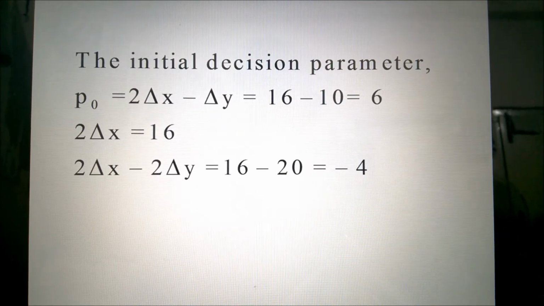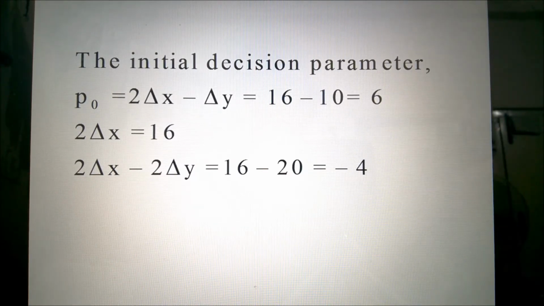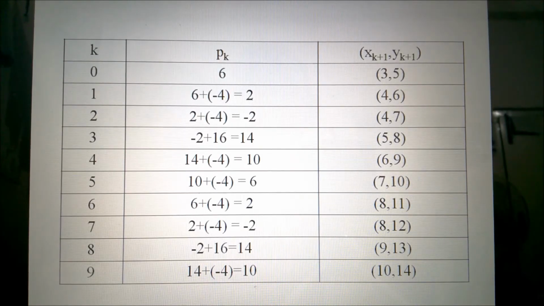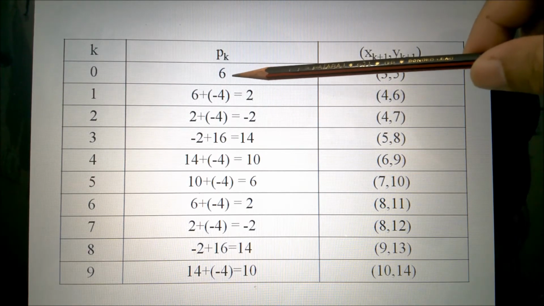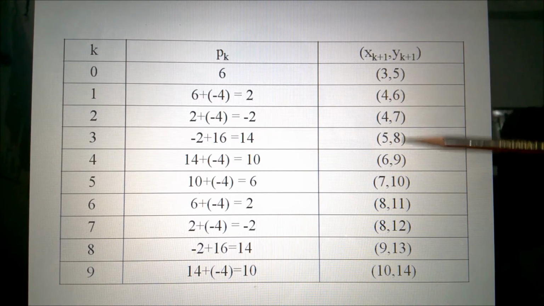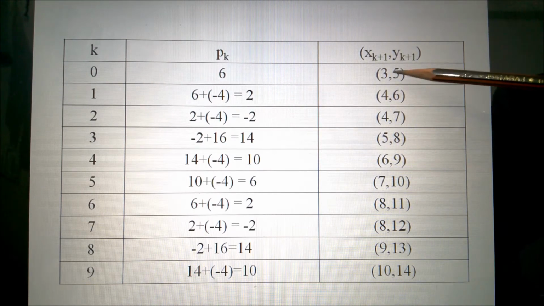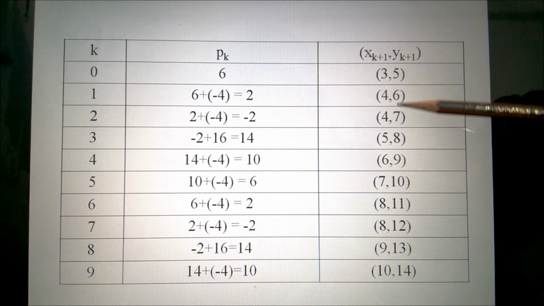Now we show that we found the initial decision parameter and the terms related to it. And now we go to the table. I already showed that the initial parameter is found to be 6, and because it is positive, y is compulsorily incremented by 1 every step: 5, 6, 7, 8, 9.